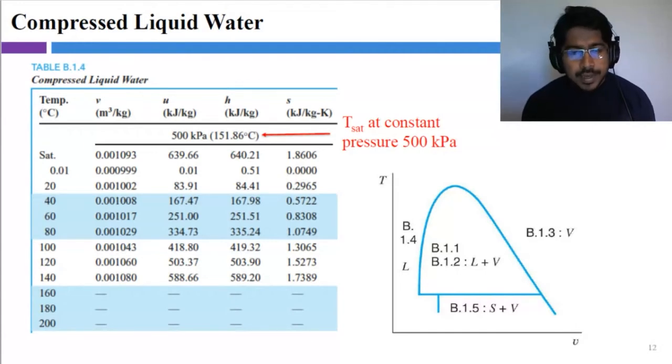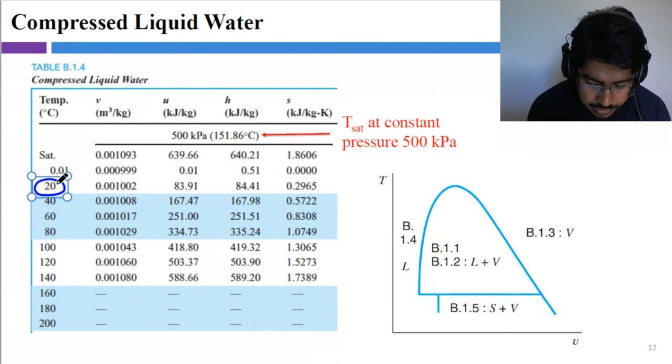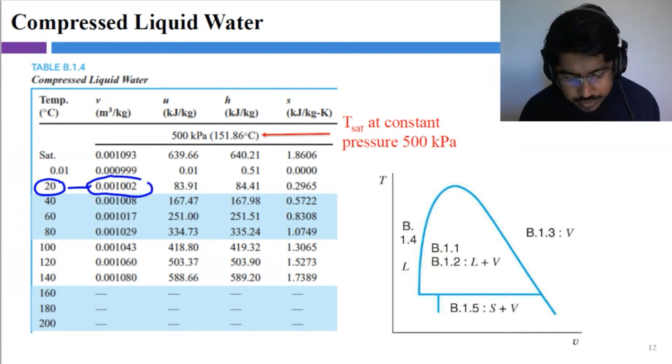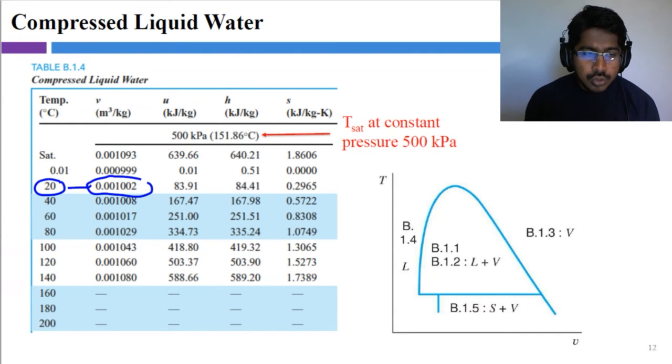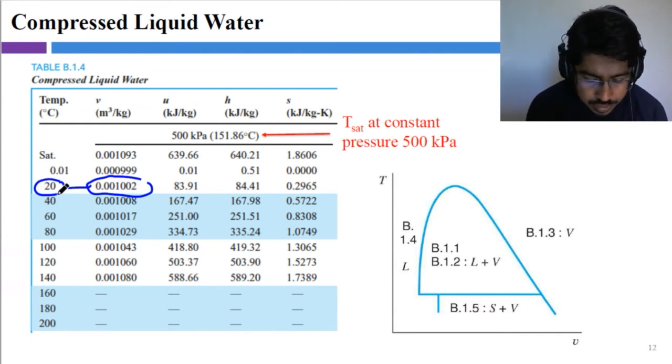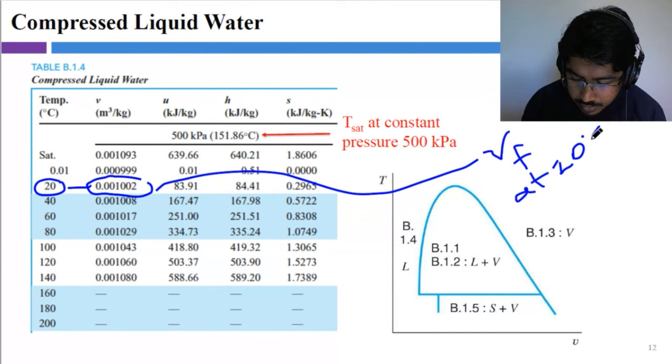But if you compare these numbers, let's say you get 20 Celsius and the specific volume here is 0.001002. Then you go to the two-phase region tables, take the saturation temperature 20 Celsius, and check vf at 20 Celsius in the two-phase tables.